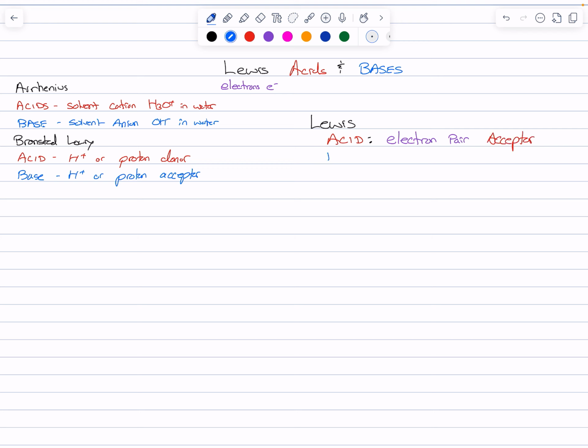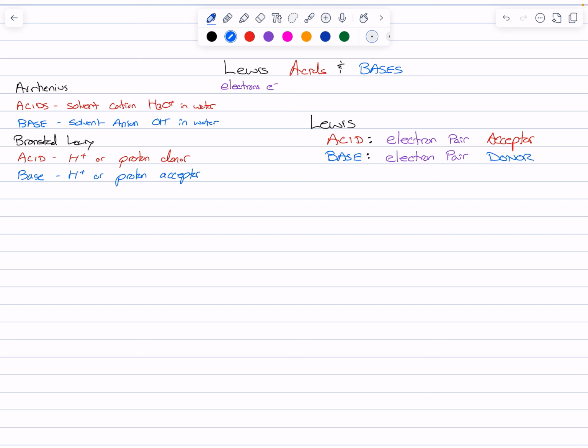And the Lewis base is the electron pair donor. All right? And so we're looking at it from the opposite way than we did Bronsted-Lowry. Bronsted-Lowry was about passing the protons. We're talking about the electrons and how the electrons are moving, okay?